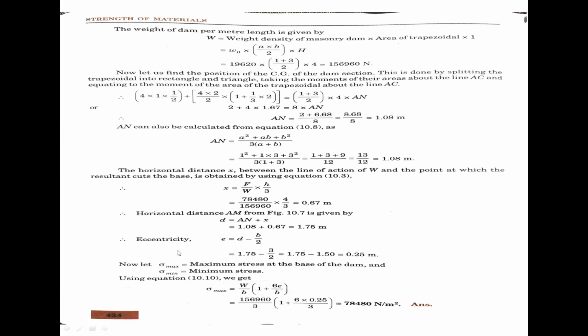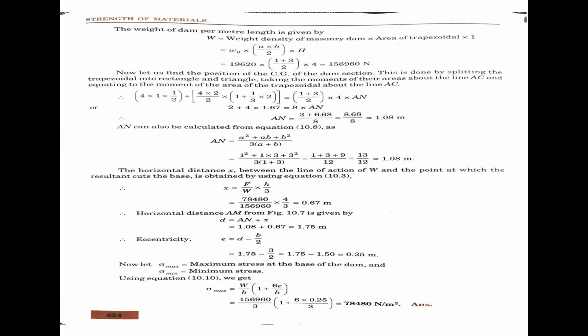Therefore, the eccentricity small e equals d minus b by 2. Small d value 1.75 minus b value 3 by 2, that is 1.75 minus 1.5, finally 0.25 meters eccentricity. You have to calculate the e value.